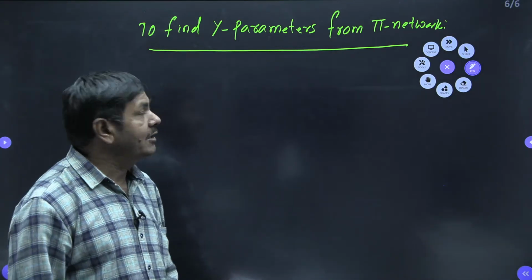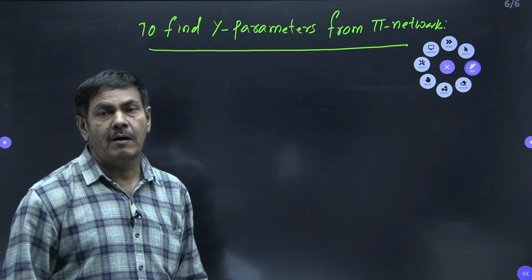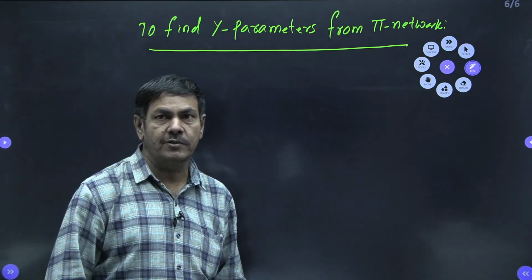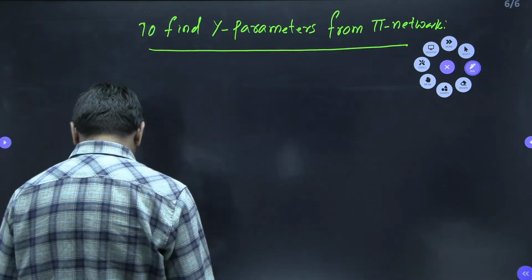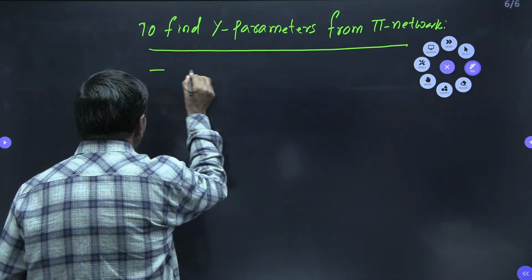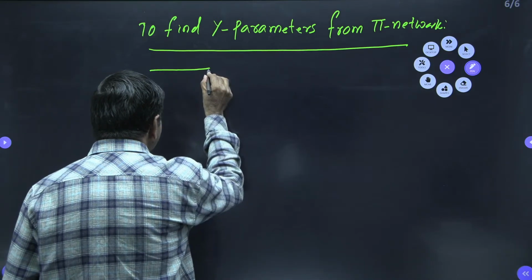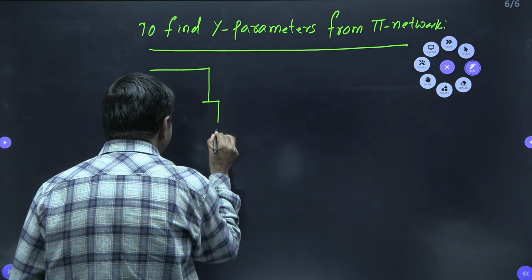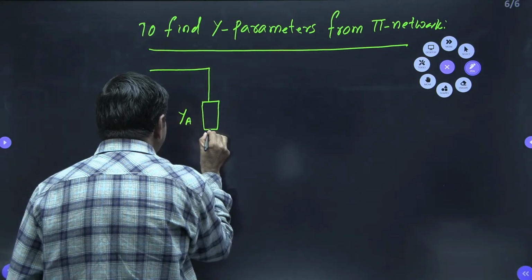But I will give it on the pi network now. Whenever a problem is given, how we can get the Y parameters from that network, you can understand from this method only. The pi network is given like this. Suppose you are given a pi network like this. This is given as YA.